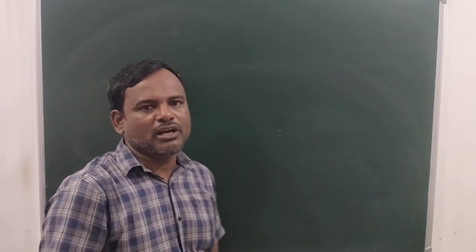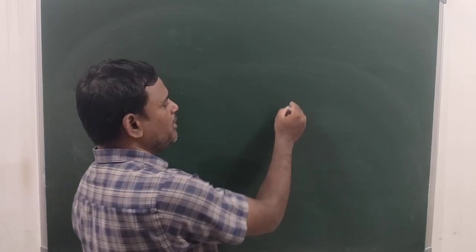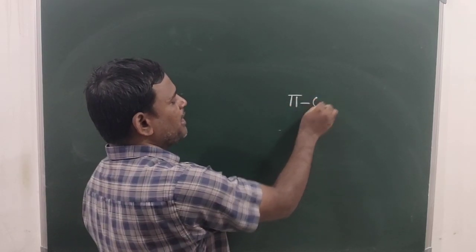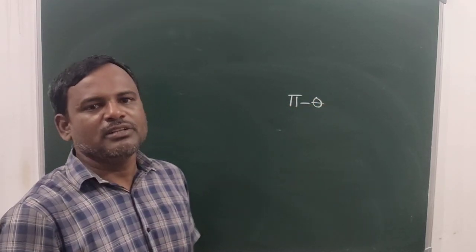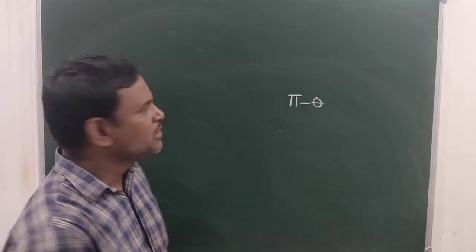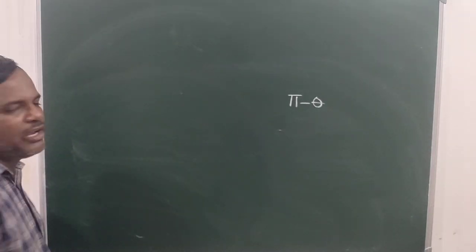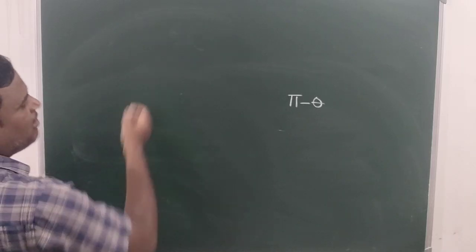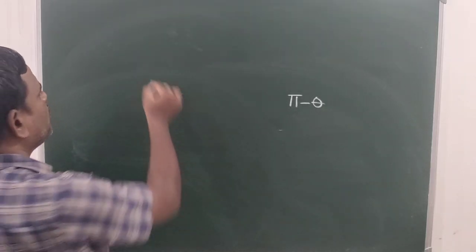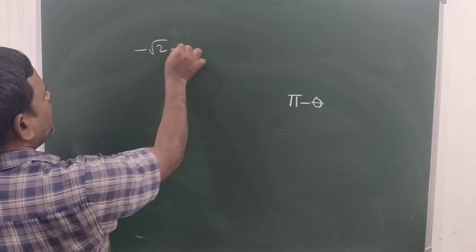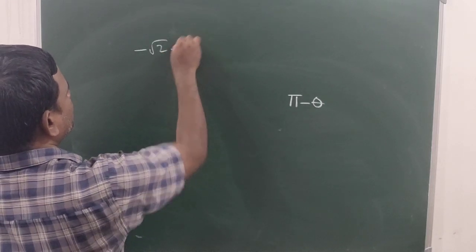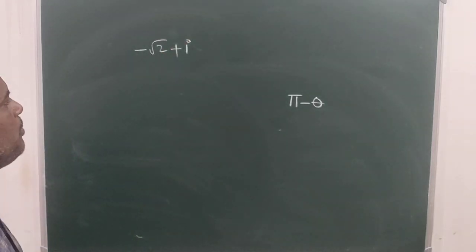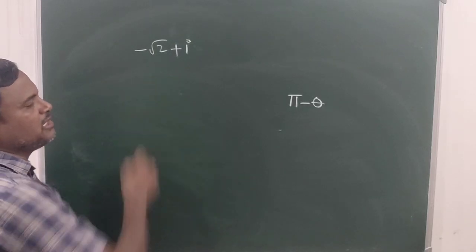In the same manner, if the theta belongs to the second quadrant, you have to take pi radians minus theta for the principal amplitude. So this you can try. I am giving you a complex number which belongs to the second quadrant. In the second quadrant, x is negative, y is positive. Minus root 2 plus i. Try this.